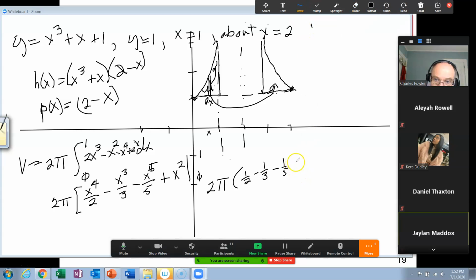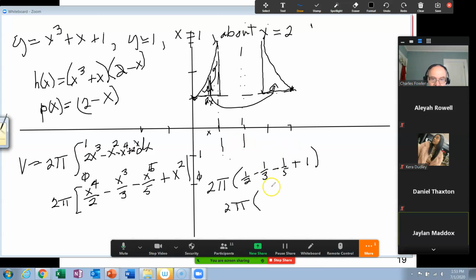Plus 1. And that's going to be 2 pi. Now, least common denominator, if I'm looking at it right, will be 30.